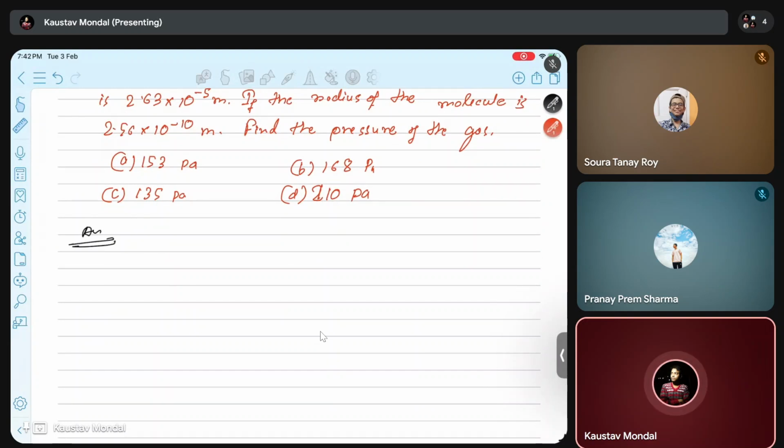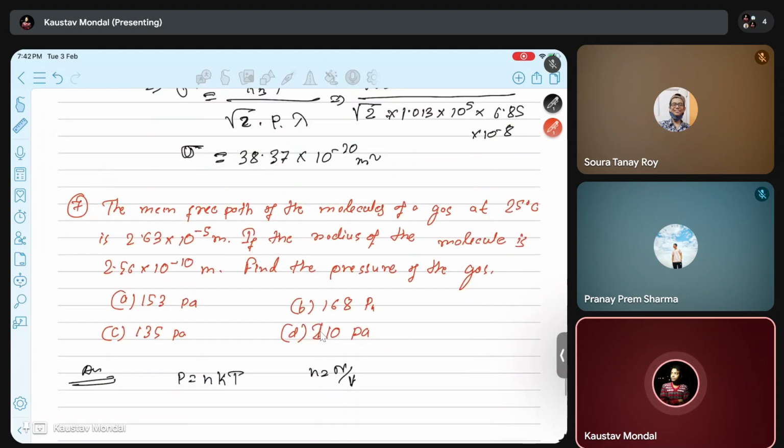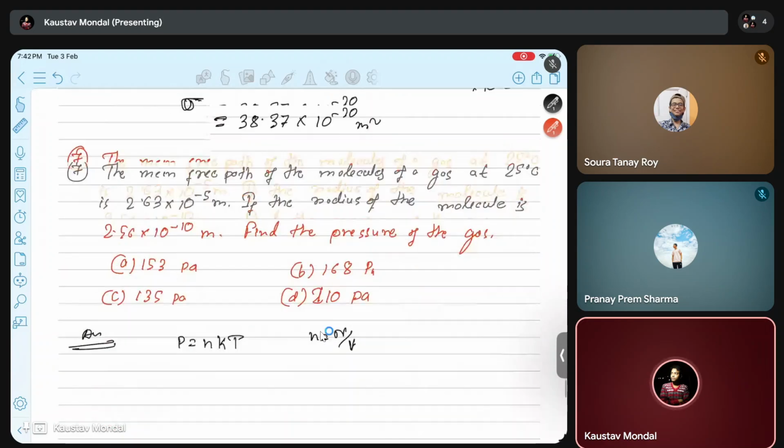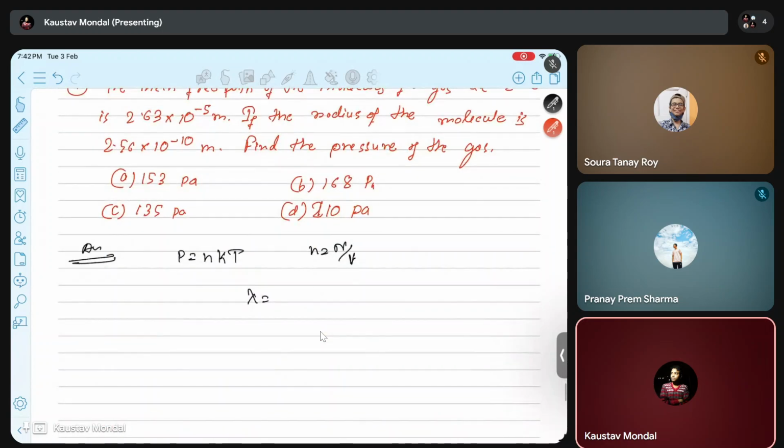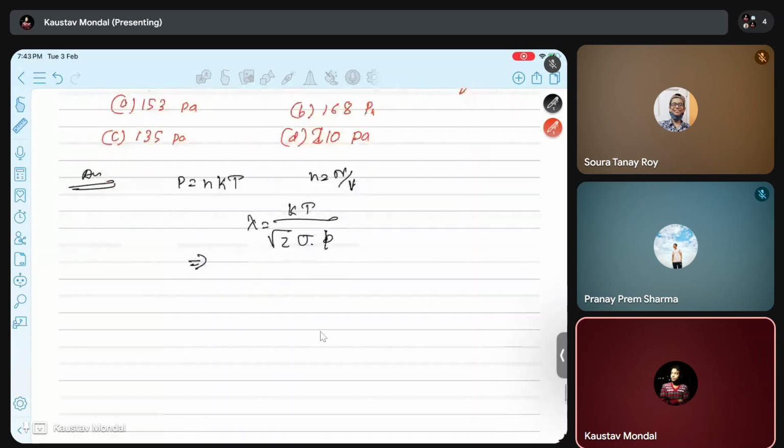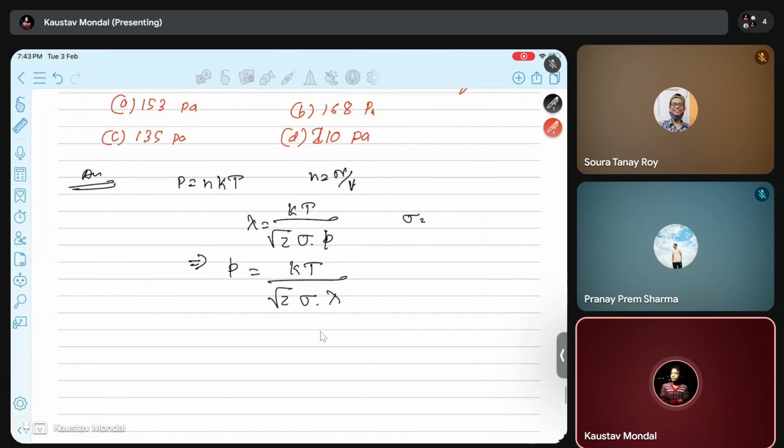To solve this in a similar way, we know P equals NkT, where N is N by V, and we know the expression for lambda. Lambda is kT by root 2 sigma P. So from here P can be written as kT by root 2 sigma lambda. Sigma is pi d square.